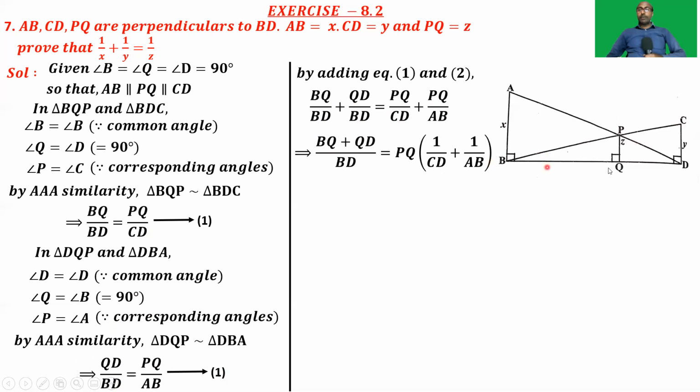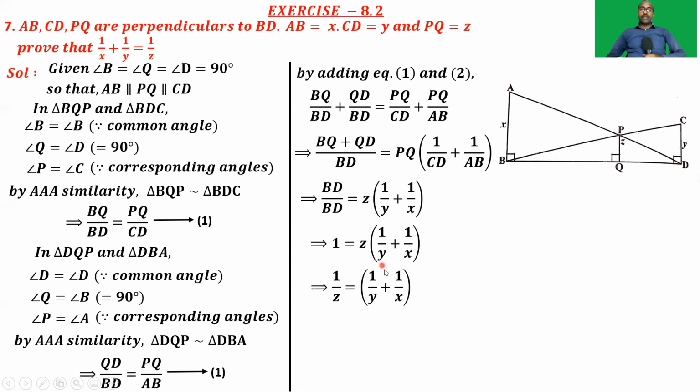Now BQ plus QD is equal to BD, and we have PQ is equal to Z, CD is equal to Y, AB is equal to X. By cancelling BD in numerator and denominator, we get 1 is equal to Z into 1 by Y plus 1 by X. And by transferring Z to the left side, we get 1 by Z is equal to 1 by Y plus 1 by X. So we get 1 by X plus 1 by Y is equal to 1 by Z.